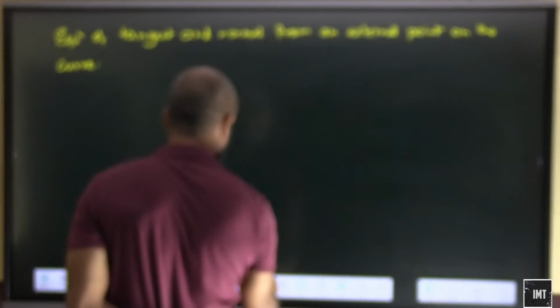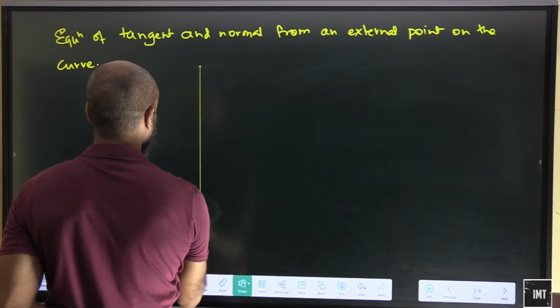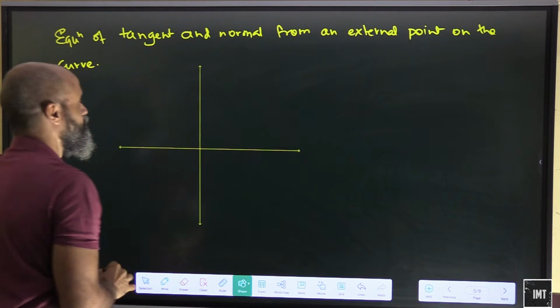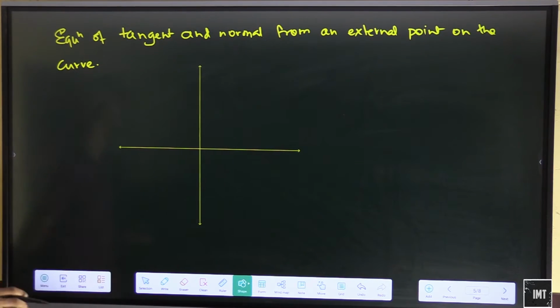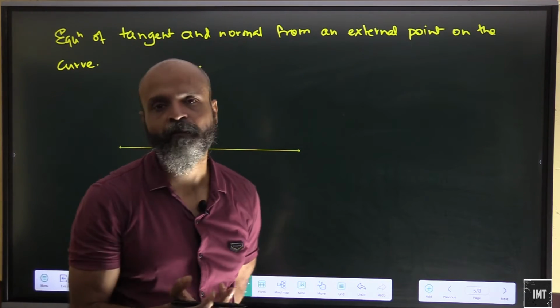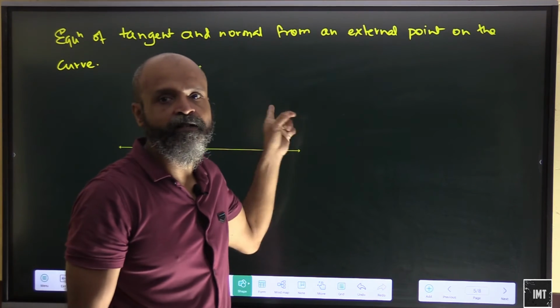So let's say this is the curve. And we are talking about the equation of the normal from an external point on the curve. So the equation of tangent and normal from an external point on the curve.